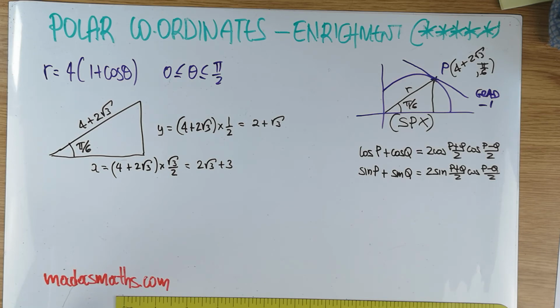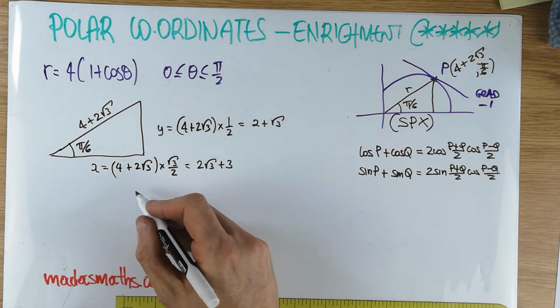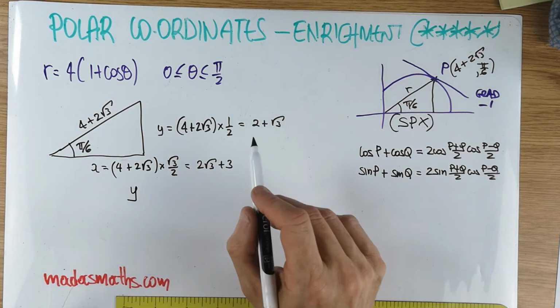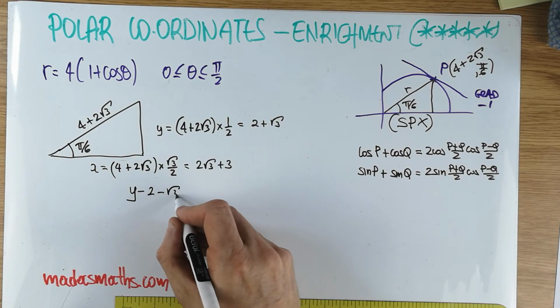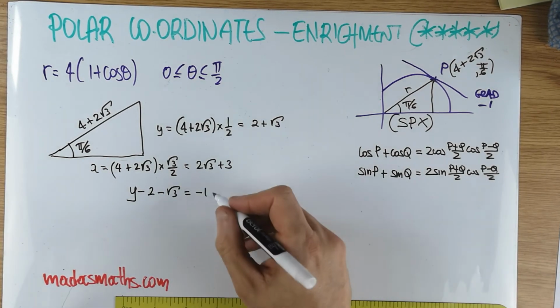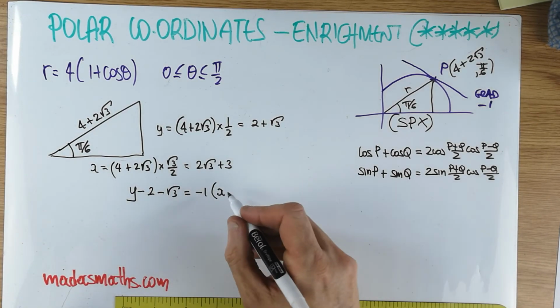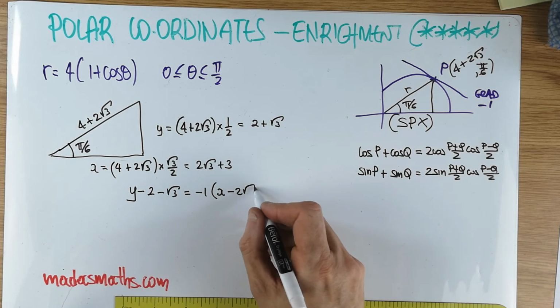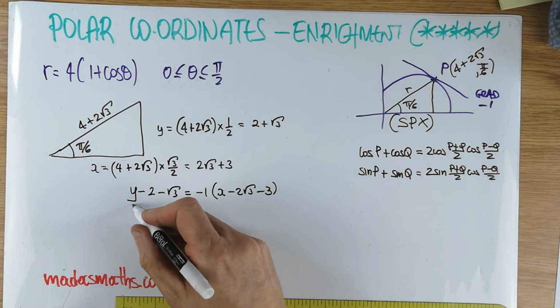I think I can just squeeze the equation of the tangent there. Y minus the y coordinate of my point. Y minus 2 minus root 3 is equal to the gradient, which is minus 1, bracket, x minus the x coordinate of my point, which is minus 2 root 3 minus 3. Okay, let's multiply this out.